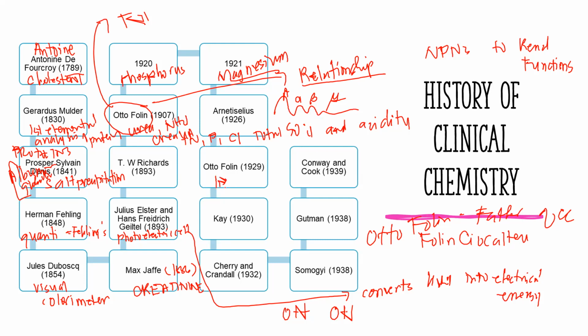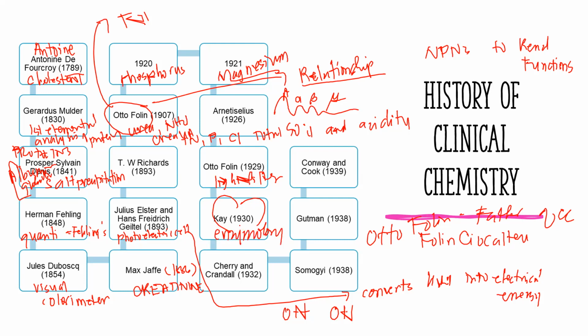Next, in the year 1930, King developed the first test for alkaline phosphatase, which started clinical enzymology. Again, ALP testing in 1930 is the time that enzymology started.